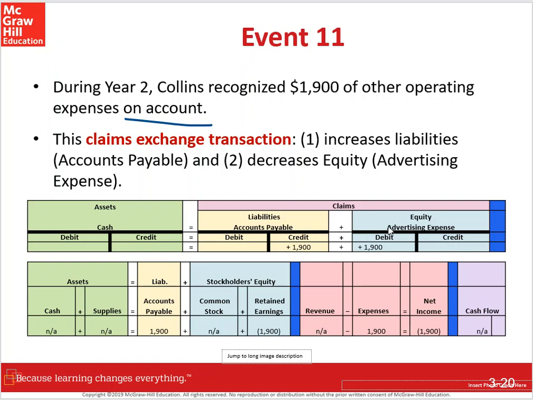It's an expense account. It's going up with a debit, which is causing equity to go down. So when we increase our expenses, net income, retained earnings, and owner's equity are all decreasing. So in accounting equation format, we see it's a claims exchange. Nothing happening on the asset side, but we have liabilities going up and retained earnings going down.